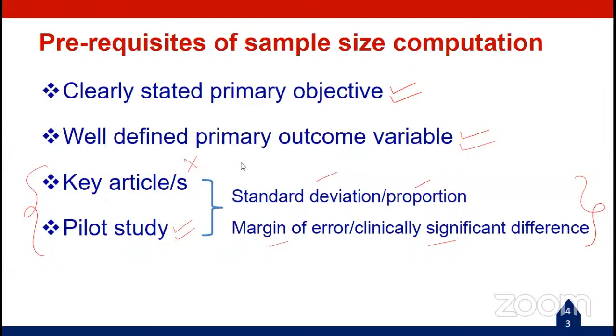It is not the sole responsibility of the statistician to compute the sample size. So if there is any mistake in the sample size, the researcher should be blamed rather than the statistician, because the researcher is the one who is supplying the inputs for sample size computation. So before attempting the sample size computation, the researcher should do adequate background work. Okay.